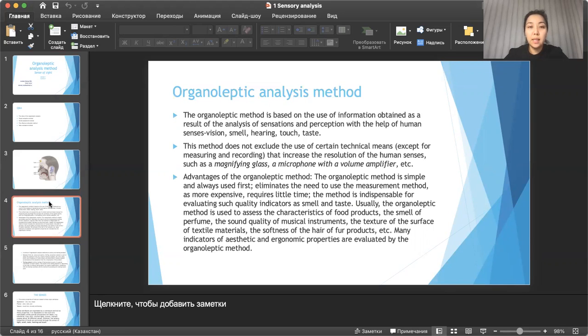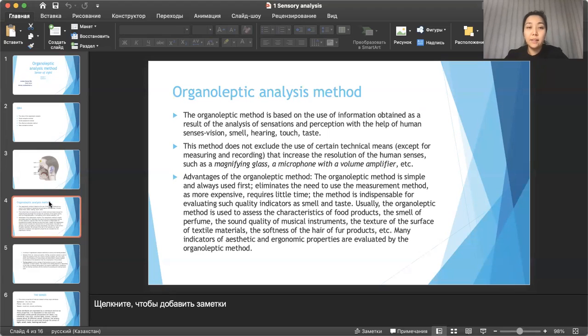It doesn't mean that when we are making the sensory analysis, we don't need to use some extra tools. We can use a magnifying glass, a microscope, a volume amplifier, and so on.